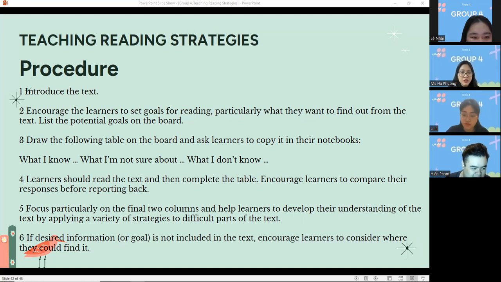The teacher needs to make sure that students can understand the text, its meaning and what the text really wants to convey. And for the last one, if the desired information or goal is not included in the text, encourage learners to consider where they could find it.